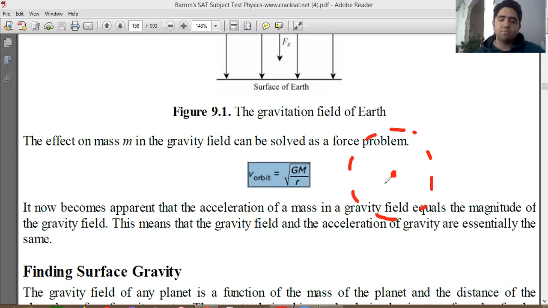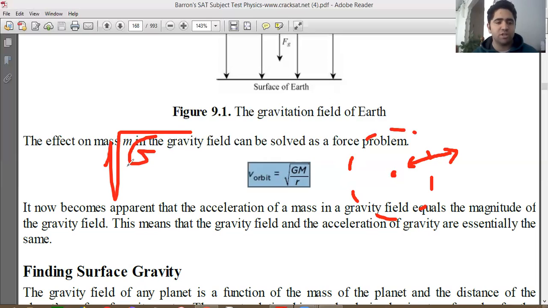There has to be a minimum velocity for this satellite to keep rotating around Earth or whatever planet it is, for two things: first, not to fall down to Earth, and second, not to veer away from Earth. So that velocity is equal to root GM over r. What is GM? G is the gravitational constant, 6.67 times 10 power negative 11, and M is the mass of the planet, not the mass of the satellite, divided by the radius of orbit.